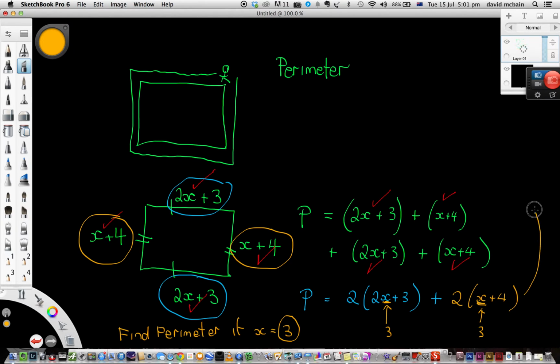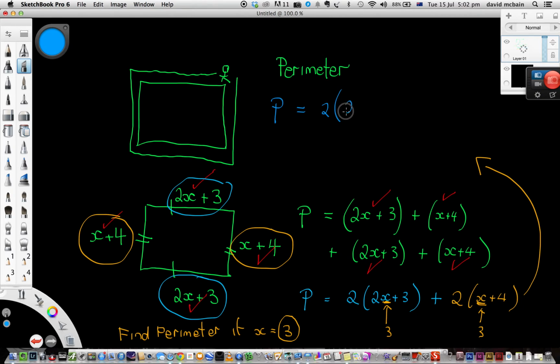And so we would need to rewrite our expression. I'm going to go up here because I'm running out of room. So the perimeter when x equals 3 would equal 2 times, so 2 bracket 2, now it's not 2x, it's going to be 2 times 3. Remember, 2x means 2 times x.